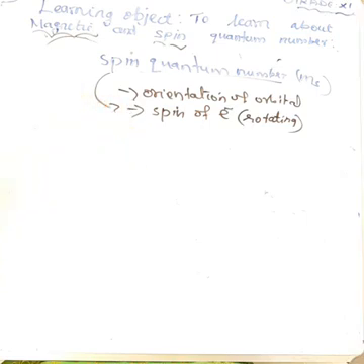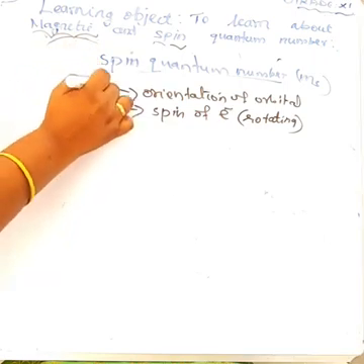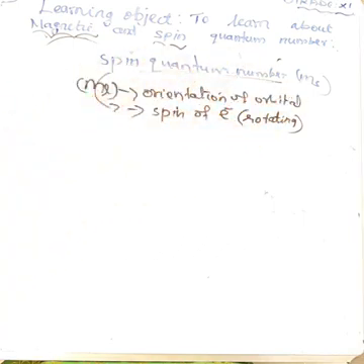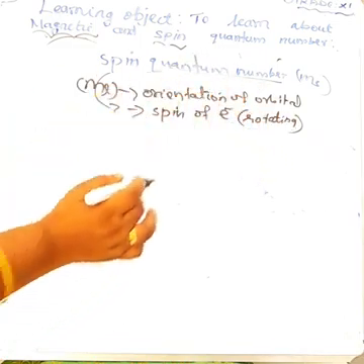The magnetic quantum number represents the orientation of orbital in three-dimensional space, but the spin quantum number represents the spinning of electrons within the orbital.